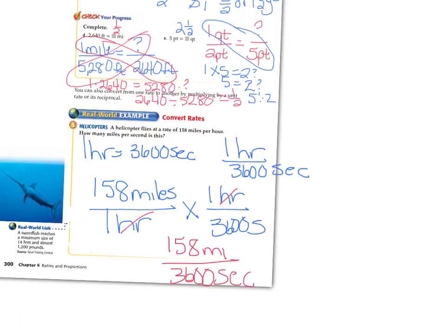If you divide 158 by 3,600, you will get 0.04 miles per second. That's your final answer. So the helicopter flies approximately 0.04 of a mile per second. Okay, go ahead and go to your next page.